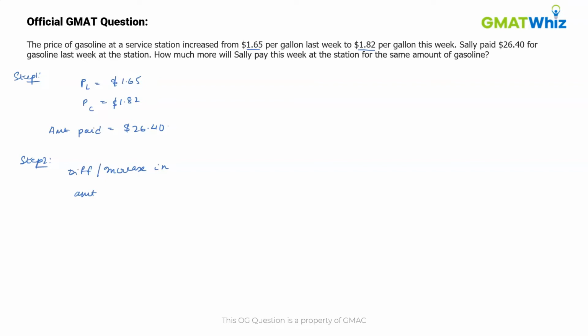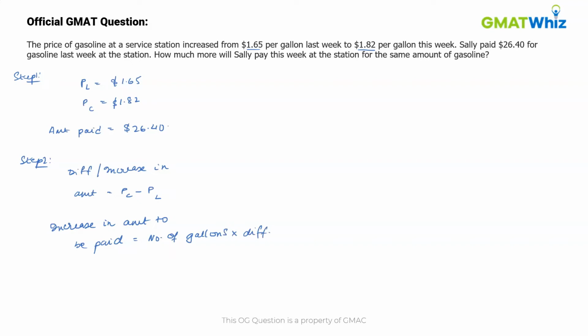Now this will be calculated by the price of the gasoline this week minus the price of the gasoline last week, and we will find the increase in amount to be paid by Sally as the number of gallons that Sally bought last week times the difference.